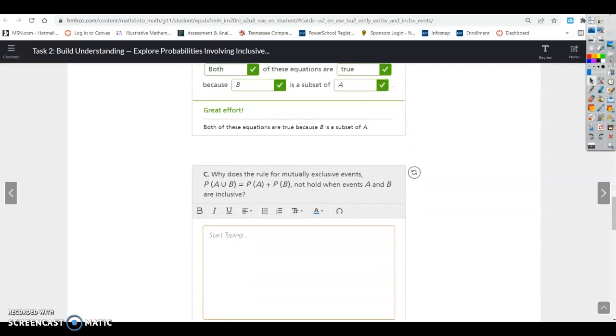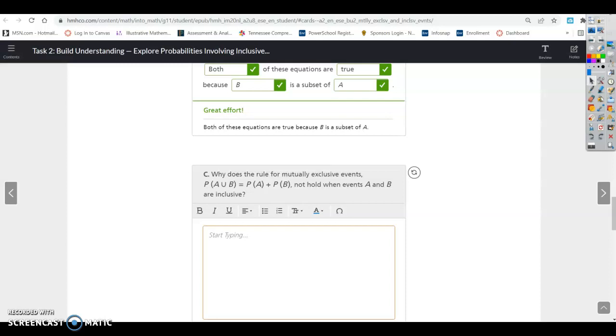All right, why does the rule for mutually exclusive events, probability of A union B equals probability of A plus probability of B, not hold when events A and B are inclusive? All right, so if you remember from task 1, all we had to do to find the union was to add those two separate events together because they were exclusive.